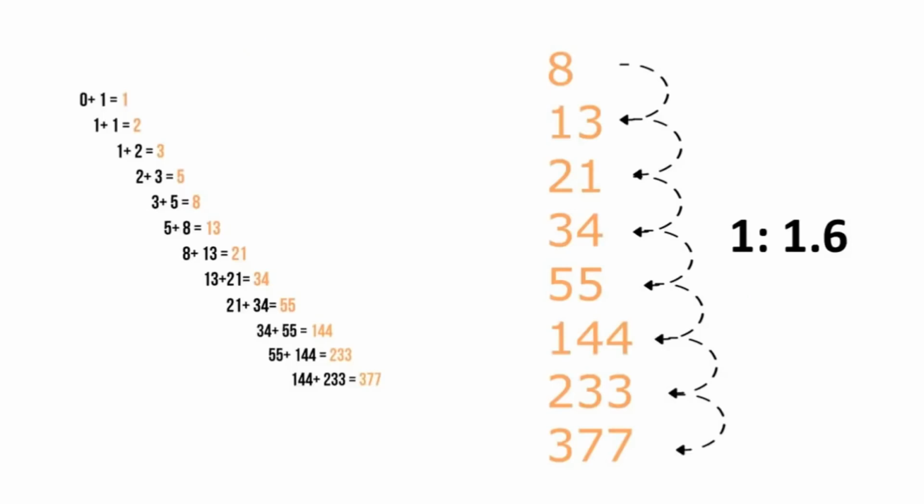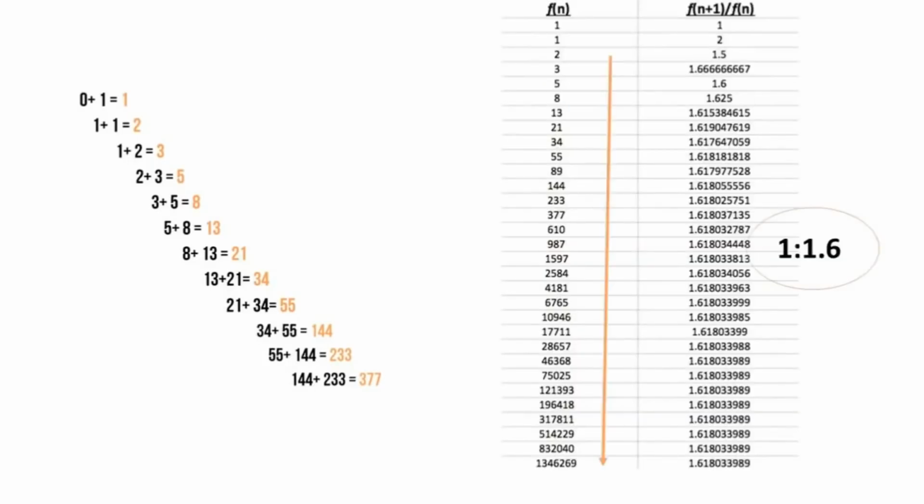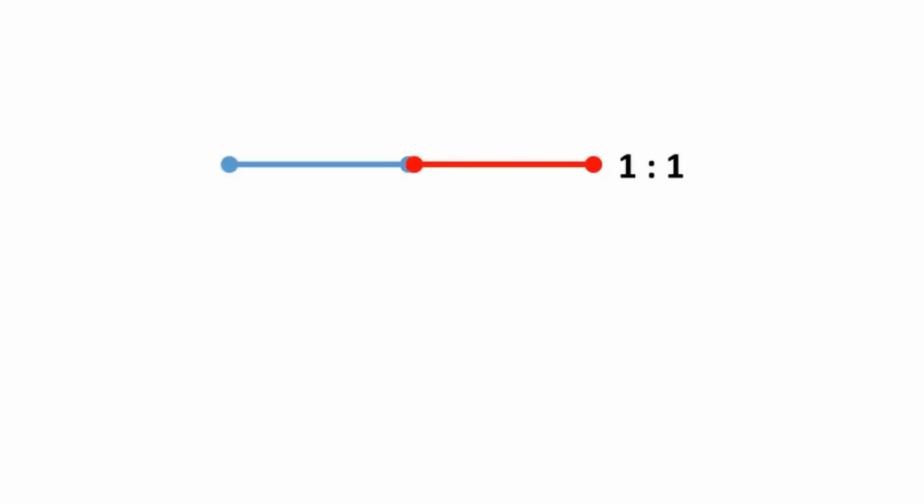This is called the golden ratio and continues indefinitely. To imagine what a 1 to 1.6 ratio looks like, compare it to a 1 to 1 ratio.